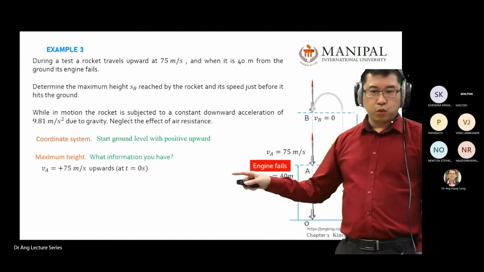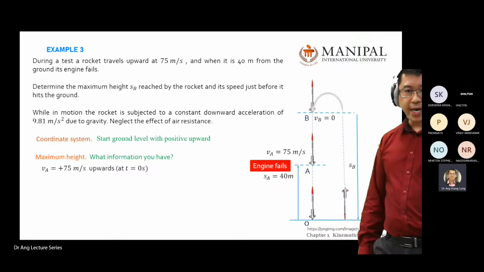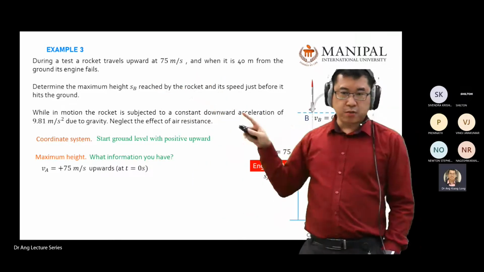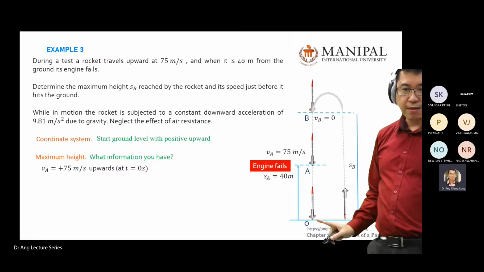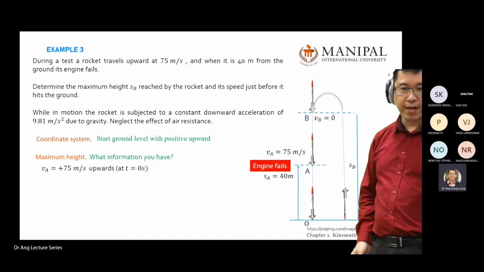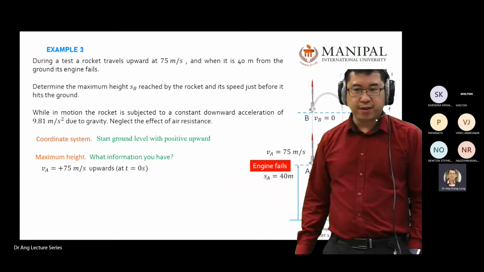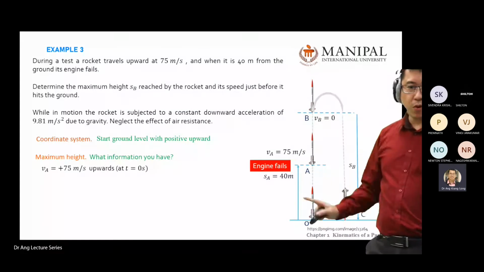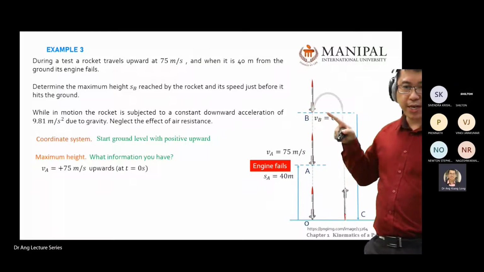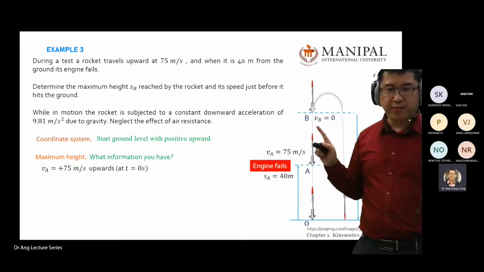So next, the information we are looking for is to find the maximum height in the question, which is how do you determine the SB here? From here to here, how do we find it? So the next question you ask yourself is what information we have to help us to solve SB, from A to B, where we measure the height as SB, where velocity is zero.